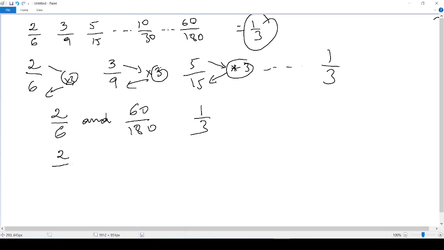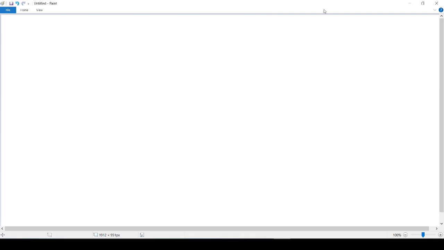So 2/6 is equal to 60/180, equal to 1/3. At this point, we know the meaning of equivalent fractions. So now the question is, how do I recognize when two fractions are equivalent? And for now, the answer will be short, and we will explain better later.